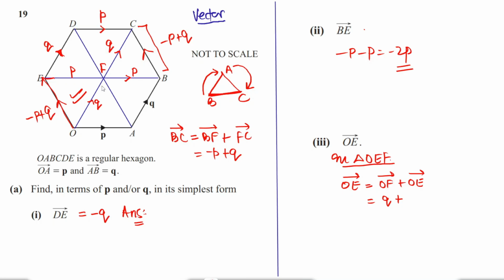And FE here. So FE, we are moving in the opposite direction because P is in the right direction. We are going in the left direction. So we'll write it as minus P, and this comes out to be Q minus P, or we can write it as minus P plus Q. Both can be correct. So that is how we decode the problem.